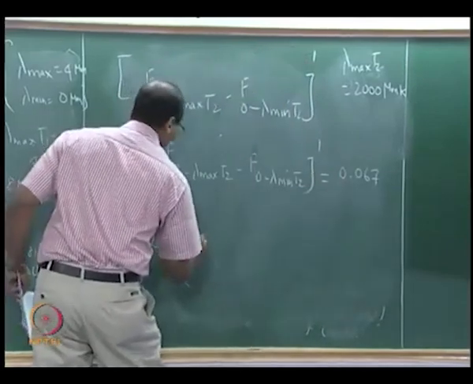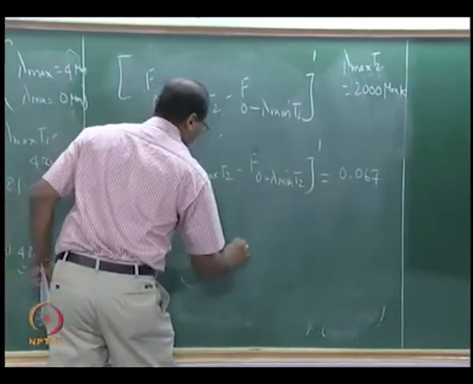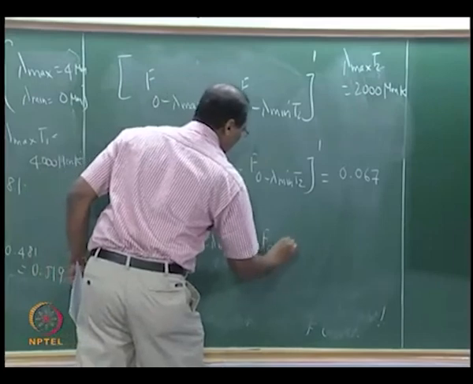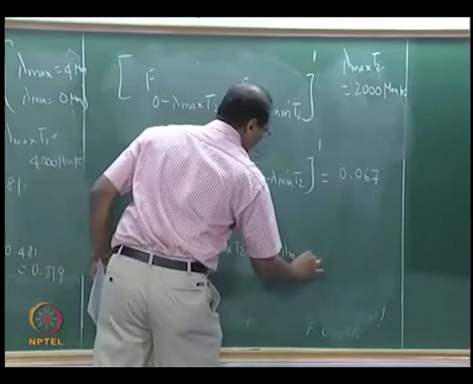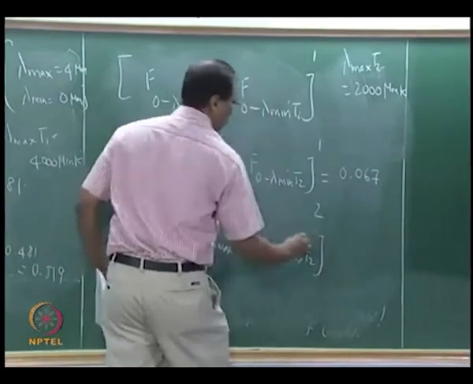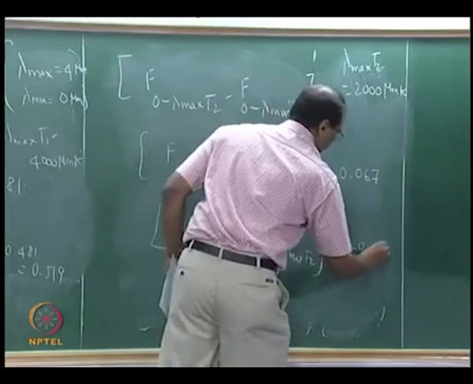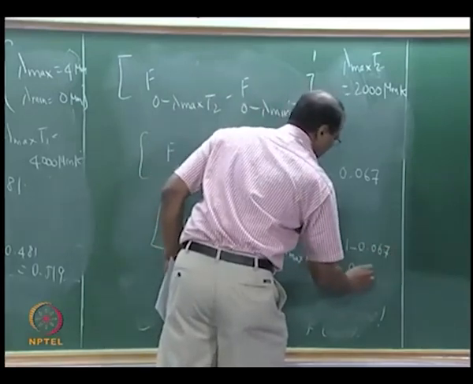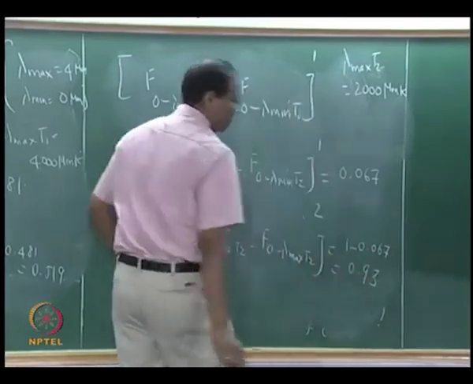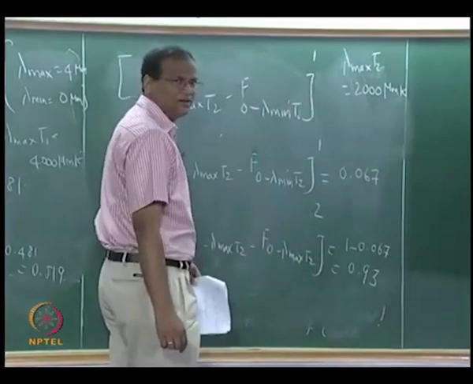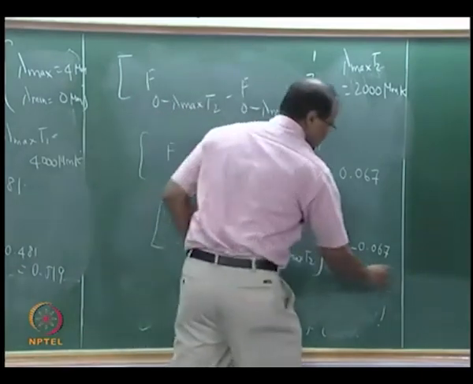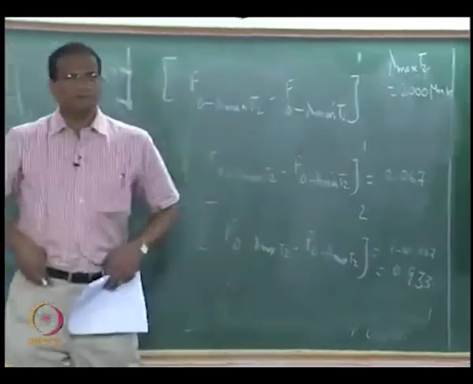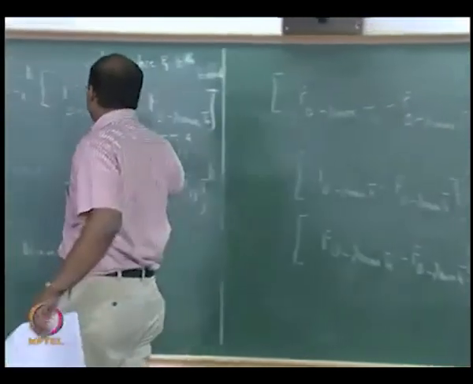Now F of 0 to lambda max T2 minus, of 2, equal to 0.933, okay. Now we got the important things here, other things are straightforward.